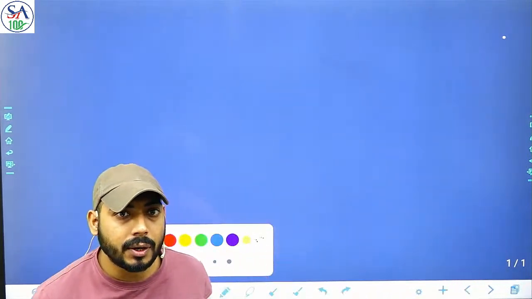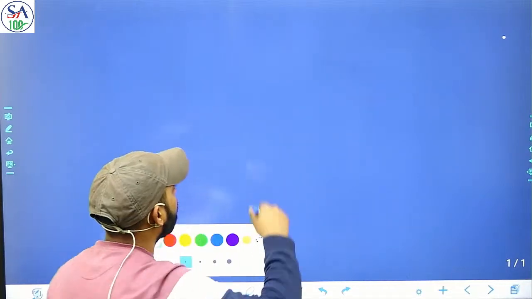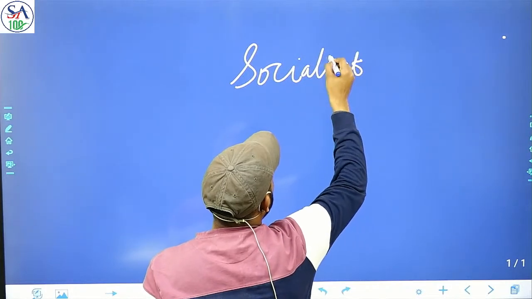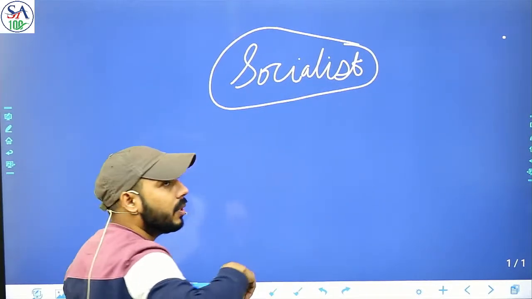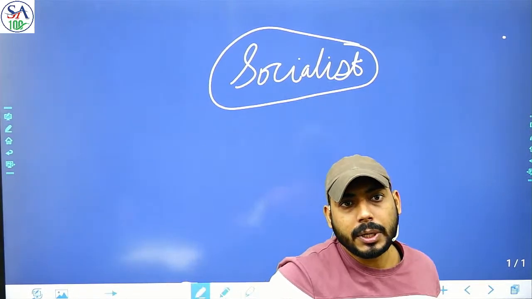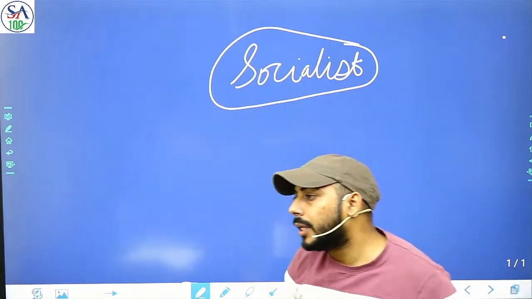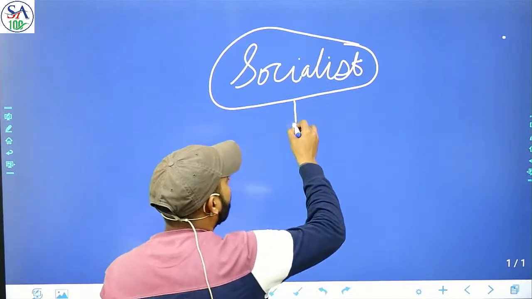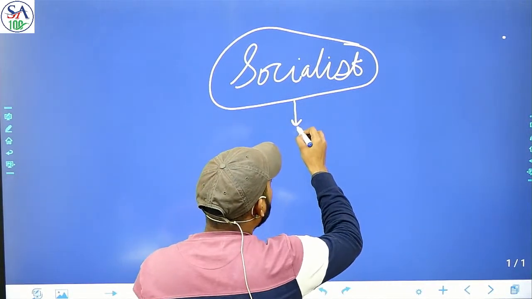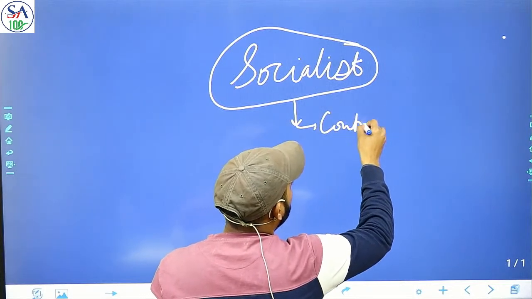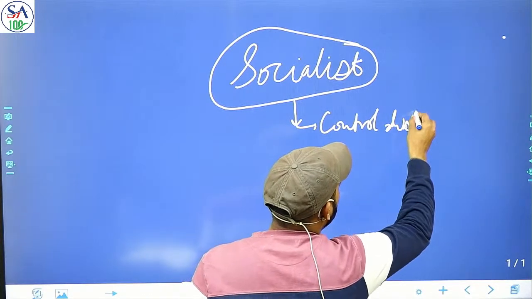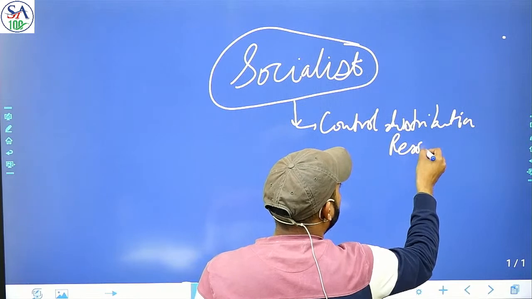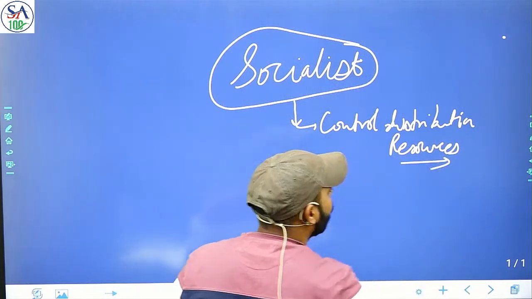In layman's terms, it means that in a governance system, the state will be the supreme authority, as in other systems also, and it will control the distribution of resources.